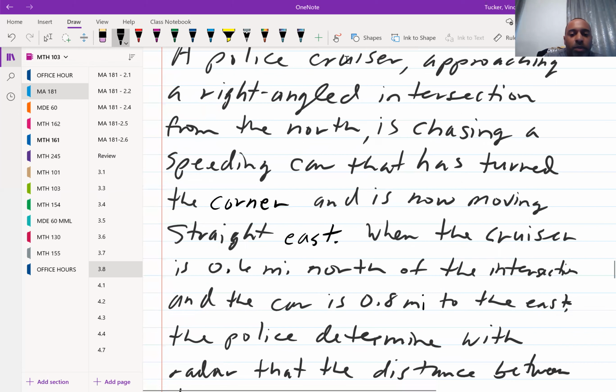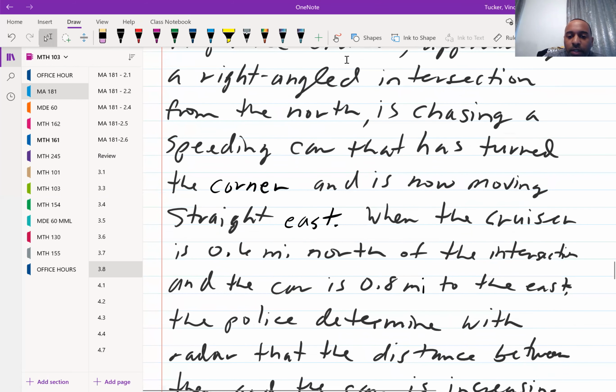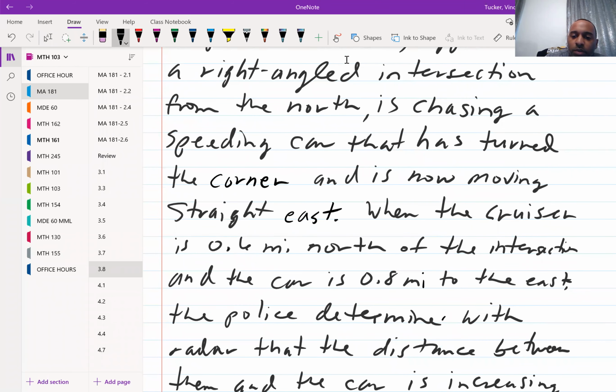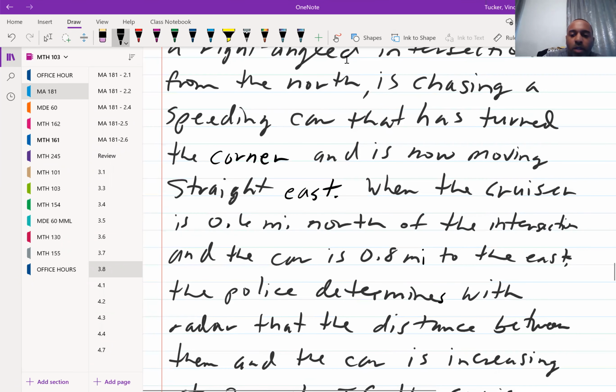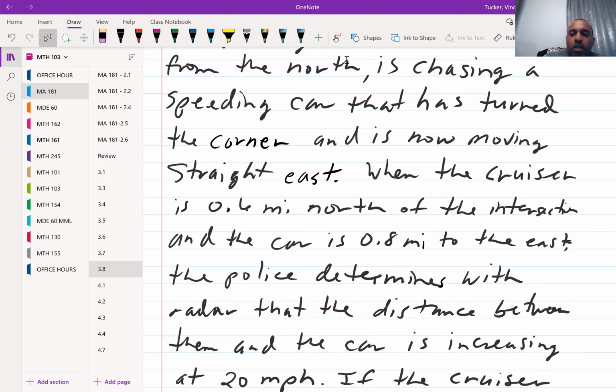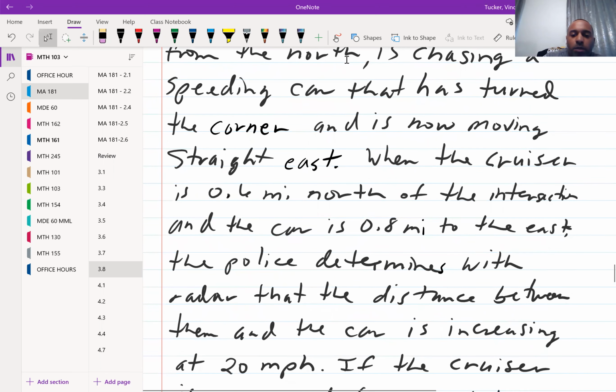the police determine with radar that the distance between them and the car is increasing at 20 miles per hour.